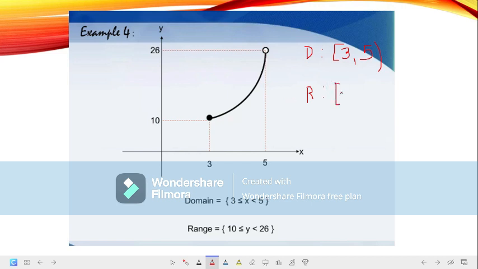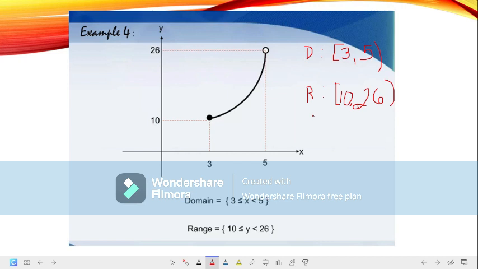You write 10, comma, and 26 is not included, so we have here 26 with the parentheses. Okay. So this will be our representation of the domain and range using the interval notation.